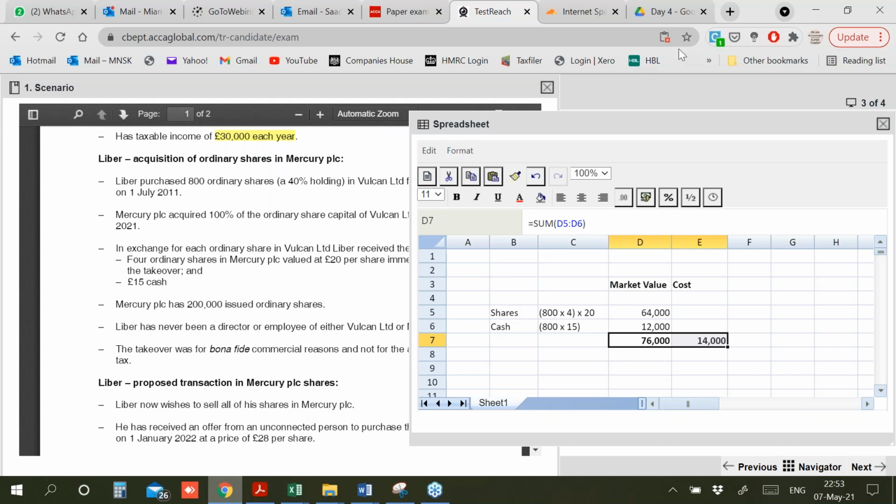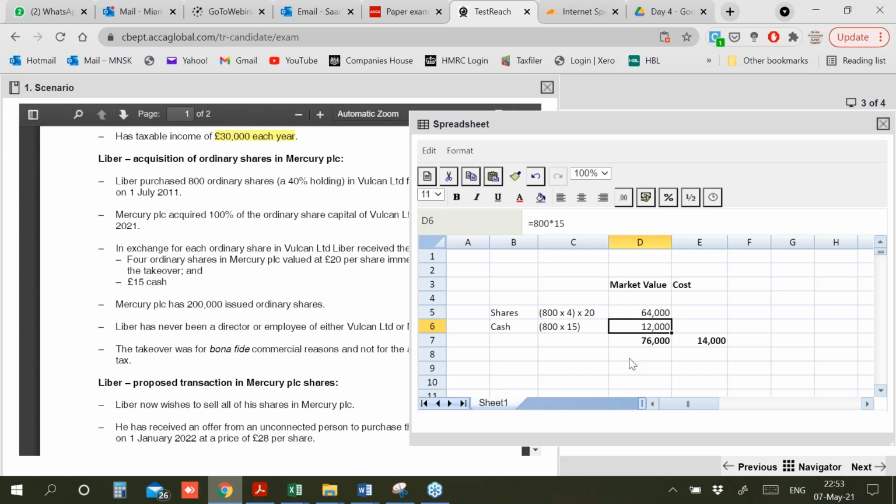Now I'll explain how you can split the cost between the watch and the smartphone. You will calculate a percentage: out of the total market value, how much percent market value relates to the share and how much percent relates to the cash.